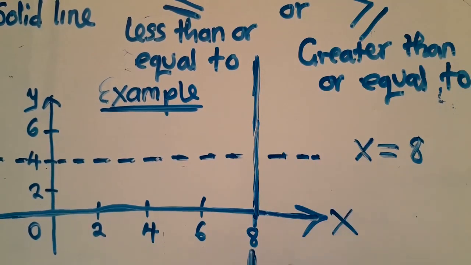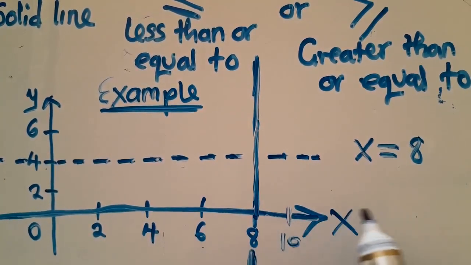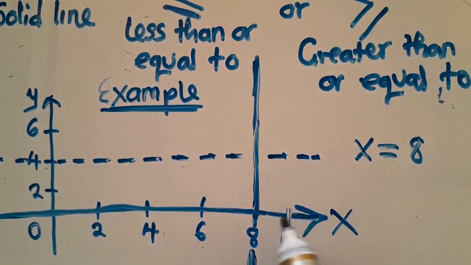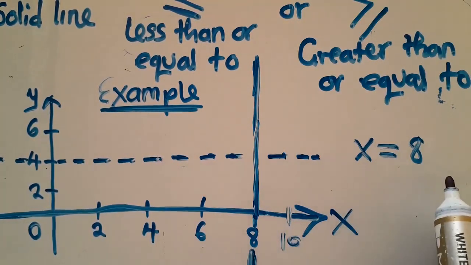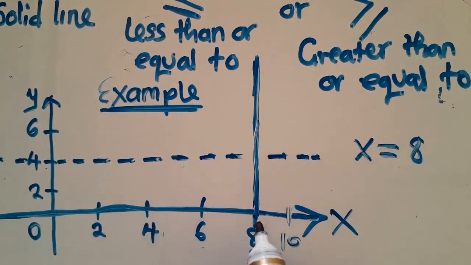The 10 was supposed to be here. On this side, numbers are increasing: 10, 12, 13. On this other side, when you start going from this point, you discover that the numbers are reducing.